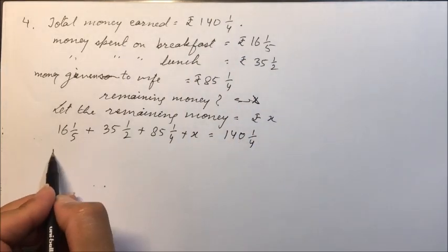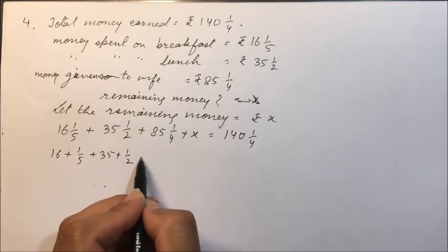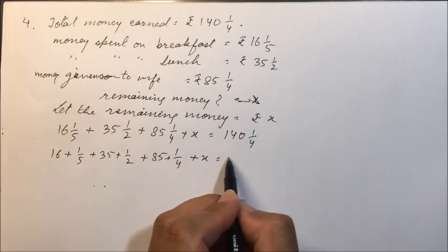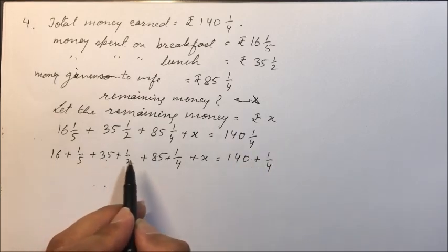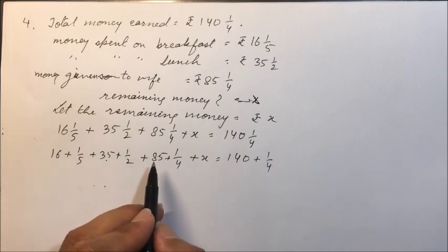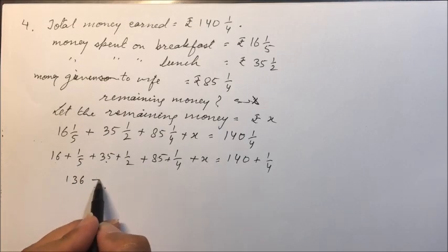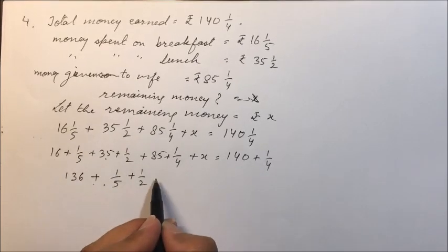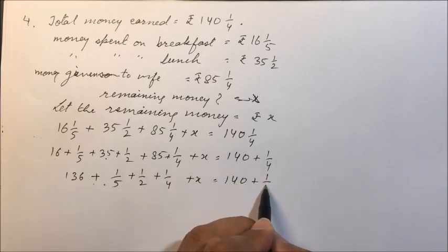So what we can write? 16 plus 1 upon 5 plus 35 plus 1 by 2 plus 85 plus 1 by 4 plus X equal to 140 plus 1 by 4. Now add them. 16 plus 35 plus 85 comes out to be 136 plus remaining is 1 by 5 plus 1 by 2 plus 1 by 4 plus X equal to 140 plus 1 by 4.